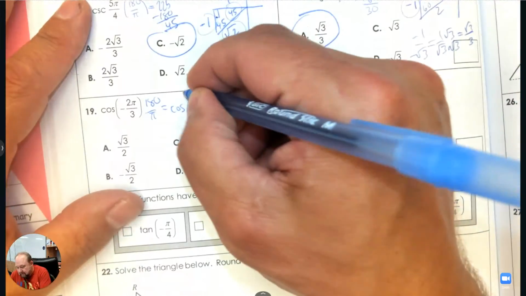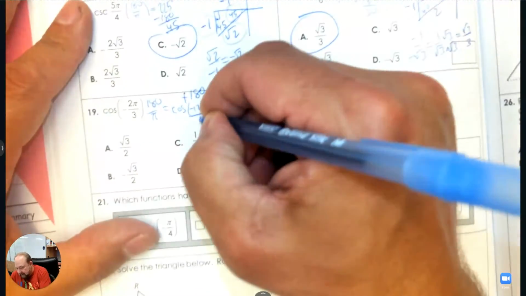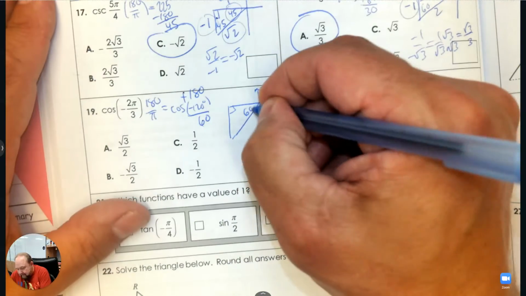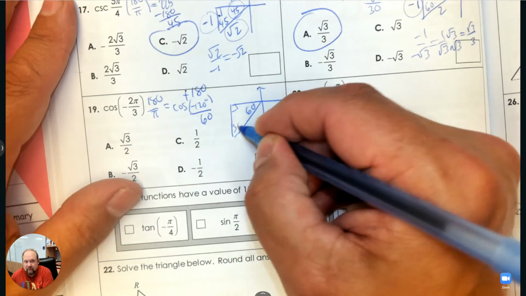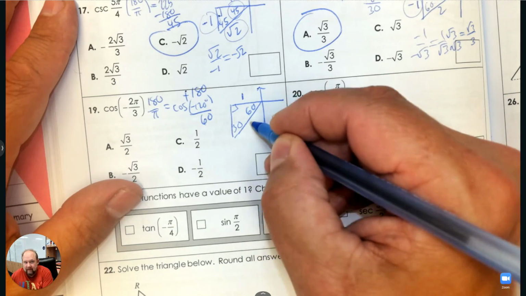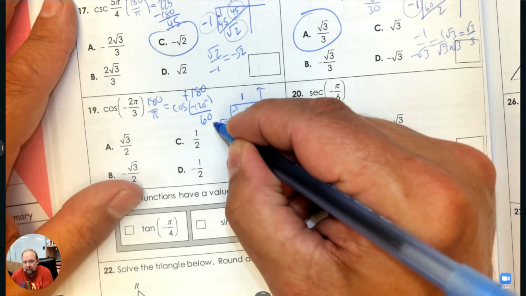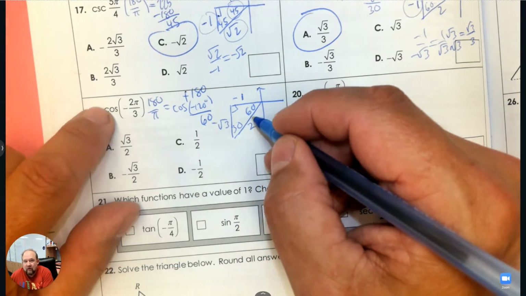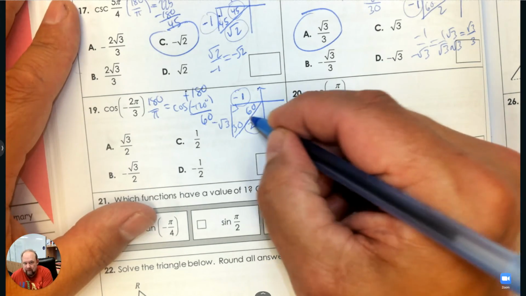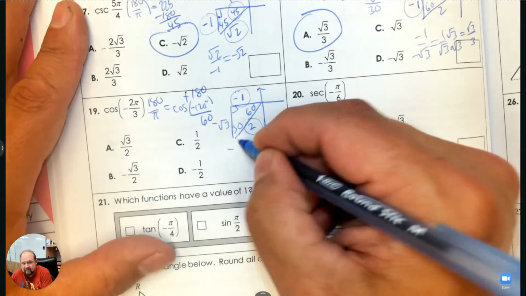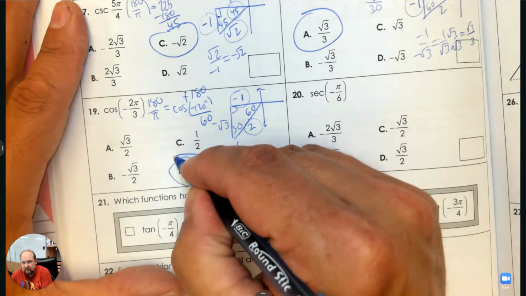In this case, I'm going to add 180 instead of subtract 180 because it's a negative angle. That gives me 60 as a reference angle. That means this angle's 30. So it's going to be 1 and then 2 and then root 3, and then both of these are negative. Cosine is the x coordinate over the radius. So it's negative 1/2. And I have my answer.